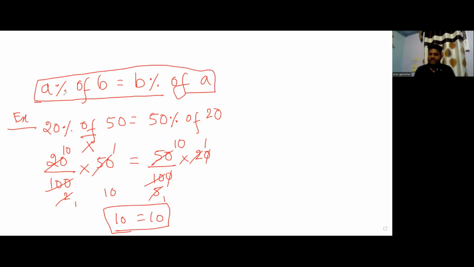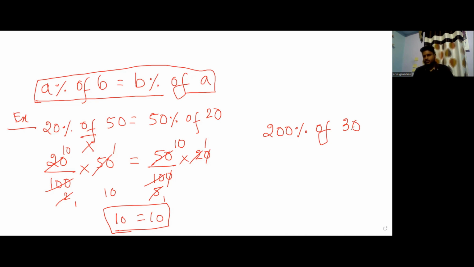So what will the question be like? Your usual question will be, find 200% of 30. Find the value of 200% of 30. 60 is the correct answer.